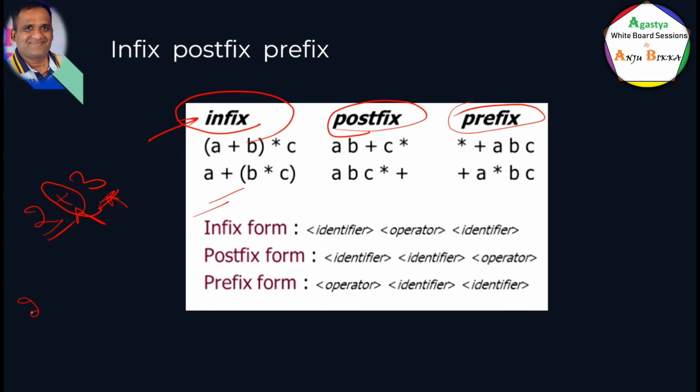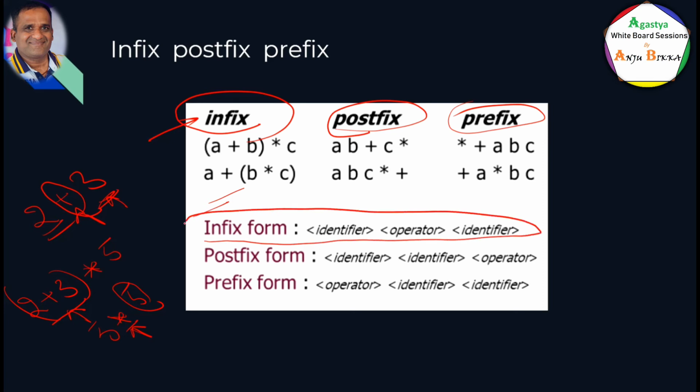Now we can say 2 plus 3 multiplied by 5, where the parenthesis takes precedence, then it is 5 into 5. So in all these cases, the operator is between the operands. That is what is called infix.